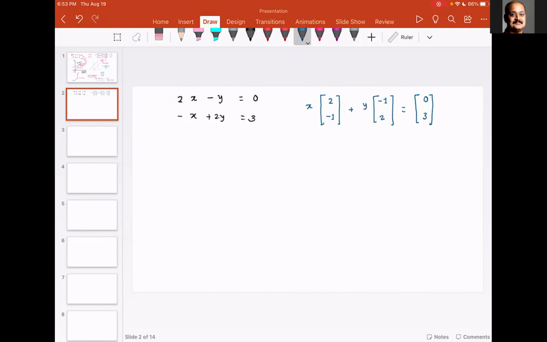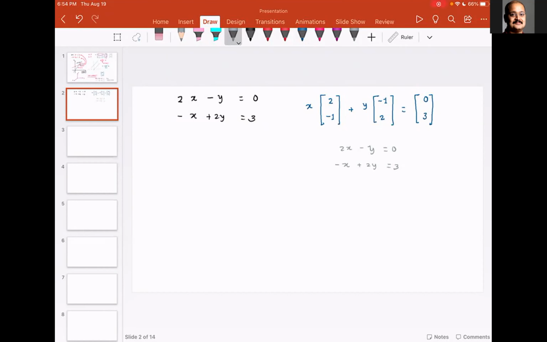Before I proceed further, look at these carefully and verify that if I expand them, 2x minus y gives me 0, minus x plus 2y is equal to 3. So I land up with the same equations. Everyone understood this?